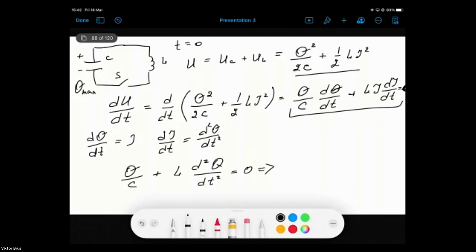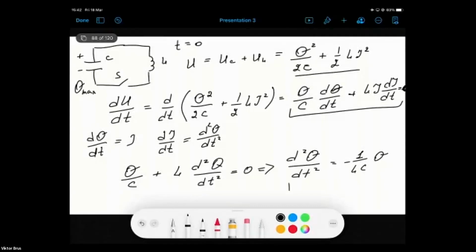So from here, d squared Q over dt squared is equal to minus 1 over LC times Q. So this is a second order differential equation, which is very similar to the equation for the vibrating spring mass system.